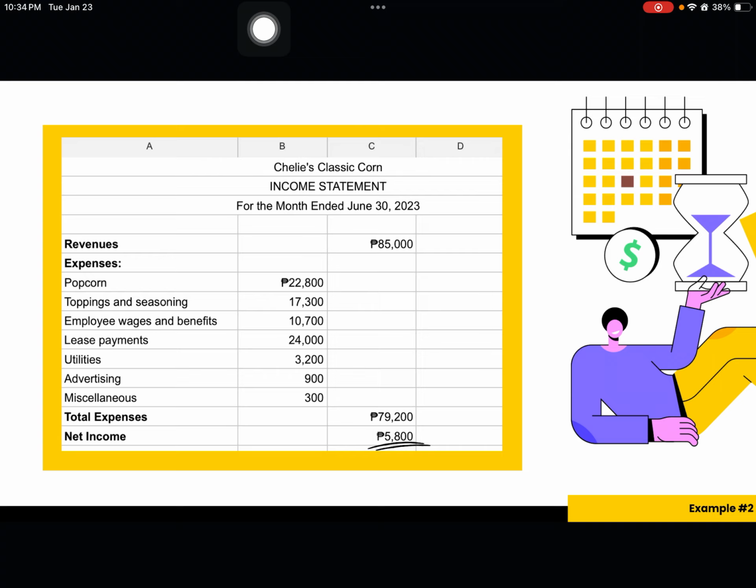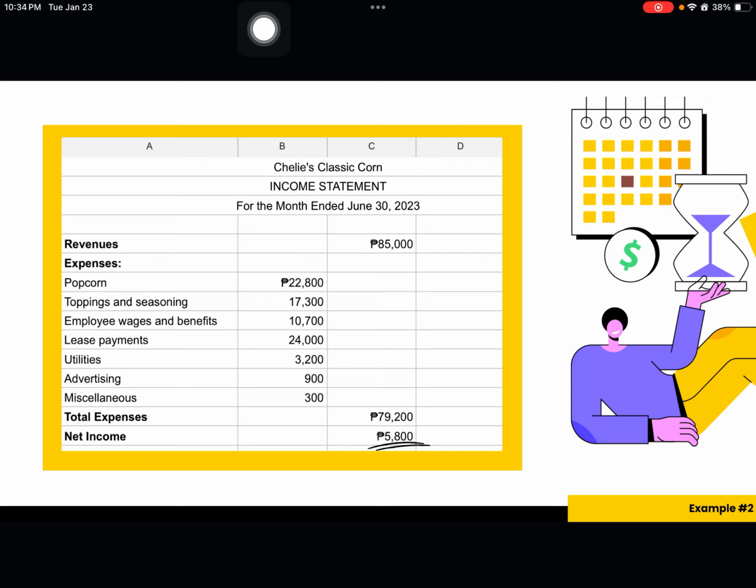The final step in creating an income statement is to determine the amount of the net income or net loss. Since revenue is greater than expenses of 79,200 pesos, Shelly's Classic Corn has a net income of 5,800 pesos for the month of June.